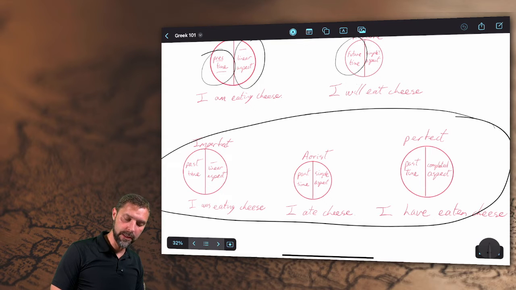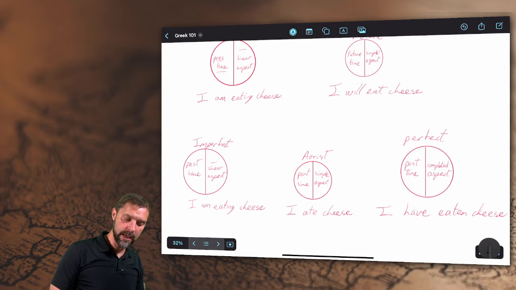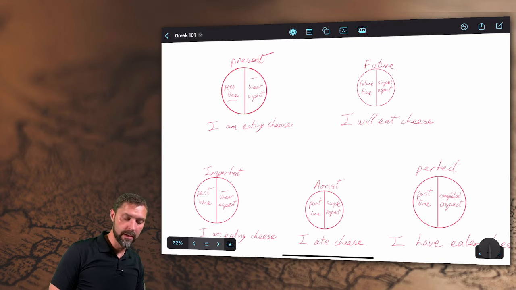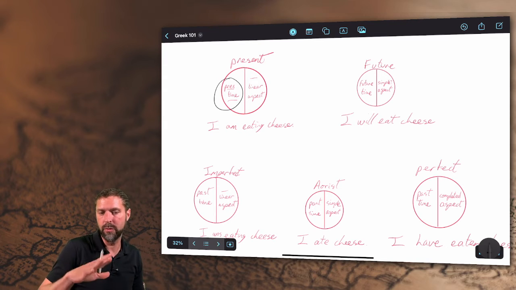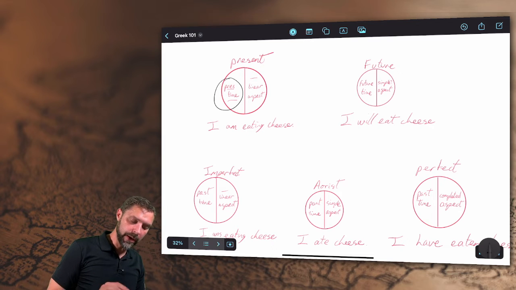Okay, so my discussion here about aspect is to say there's actually not a way to give me a present time simple aspect. It doesn't exist. There are workarounds if you want to do it without verbs. But present time simple aspect, that's not the way that the tense works. Future, you really just have future time.